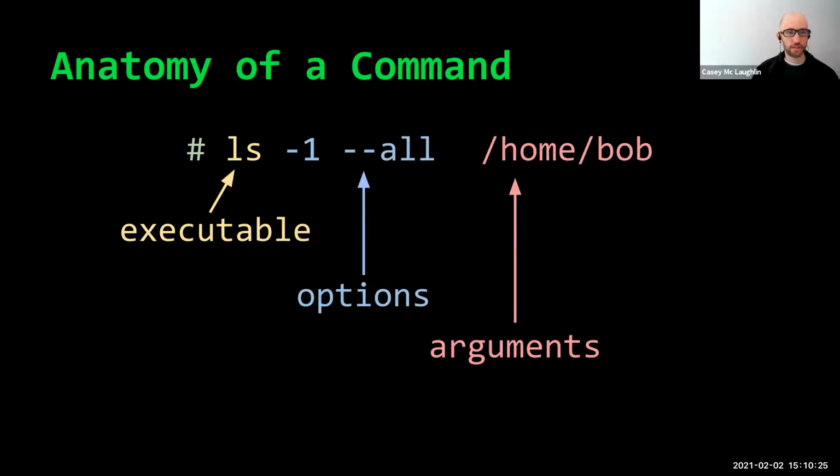Depending on what you're doing, you might have an executable by itself, or an executable with one or more options, or an executable with arguments only. It just depends on what you're doing and what you want to accomplish. But there will always be an executable. So that's in essence the command. That's the basic unit that we're working with.